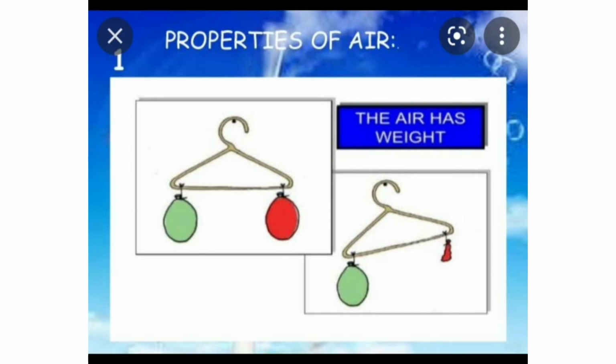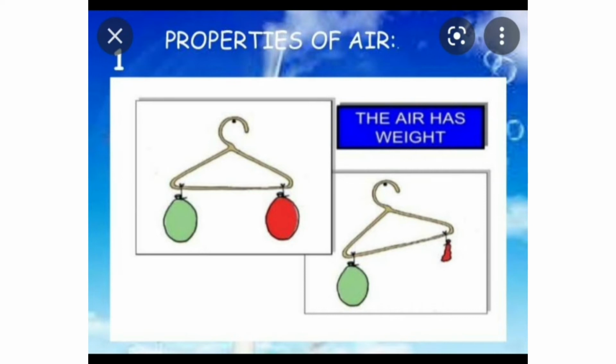Then what will you observe? You will observe that the shape of the balloons will change. When you blow, they will obviously swell. So that is why they will be inflated, because air is inside the balloon and it occupies some space.